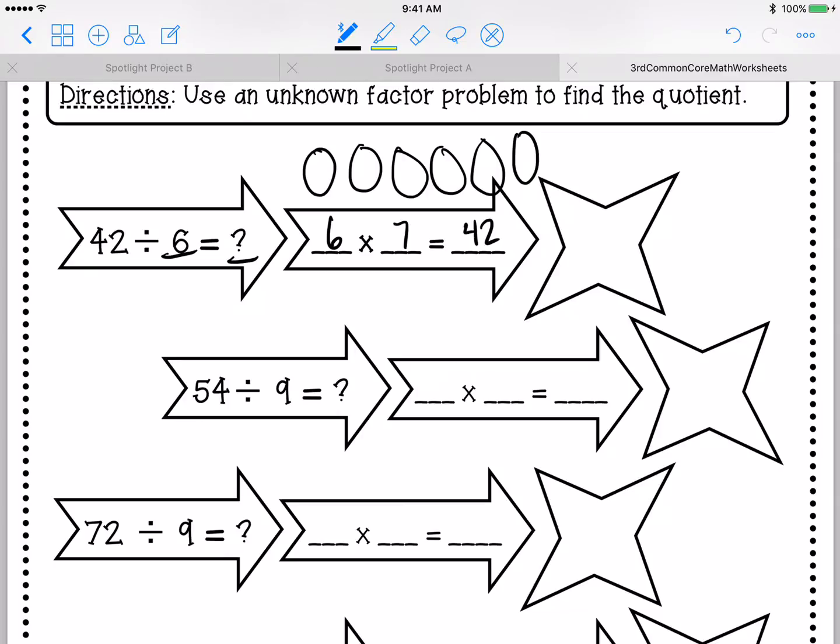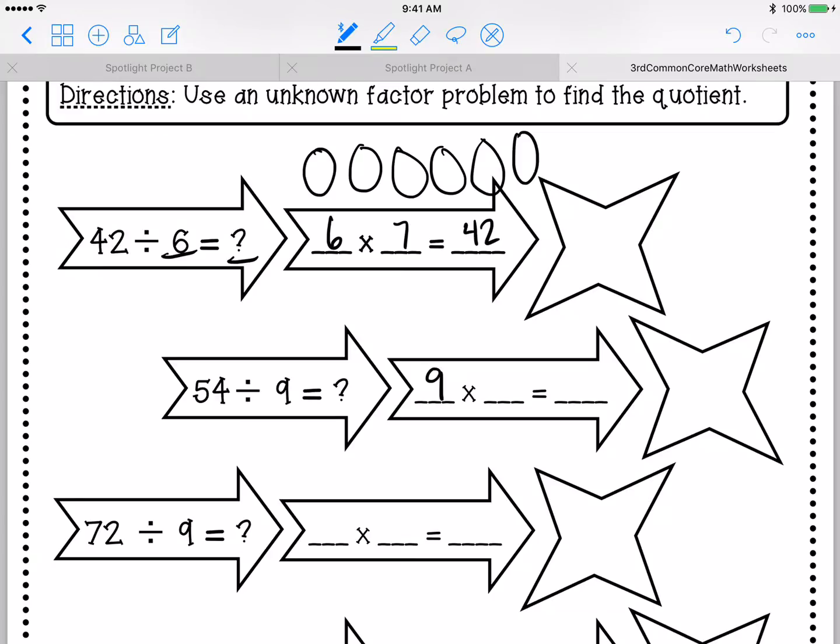So 54 divided by 9. 54 divided by 9. Ooh, that's a 9's trick. So you can do your finger trick and test all the factors out until you find the answer that equals 54. So 9 times what is equal to 54? If you need to, draw 9 circles and then put a dot in each one until you get to 54.